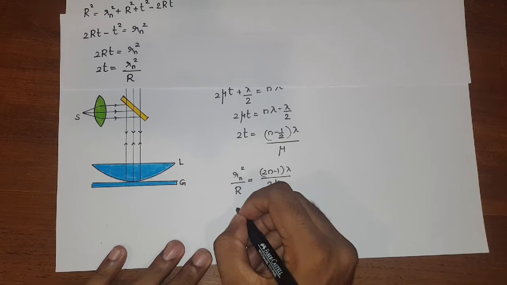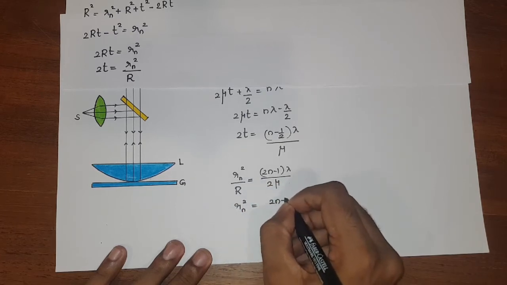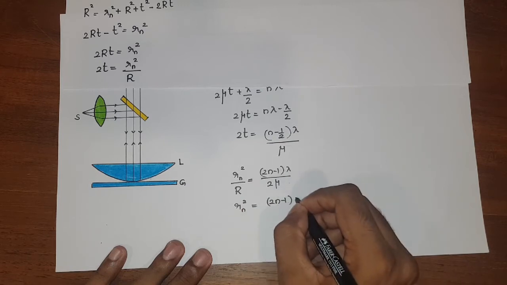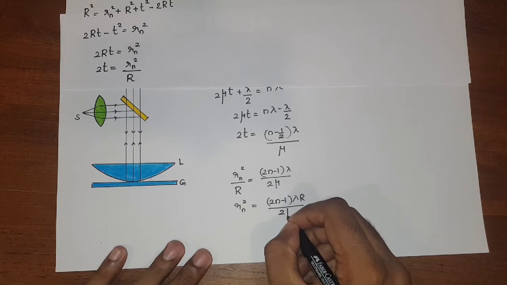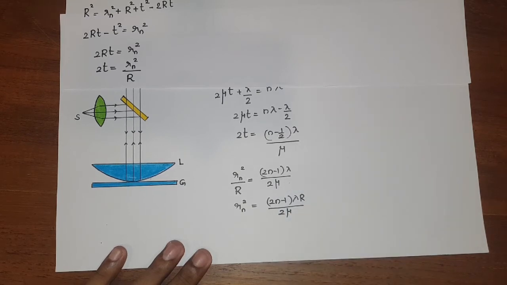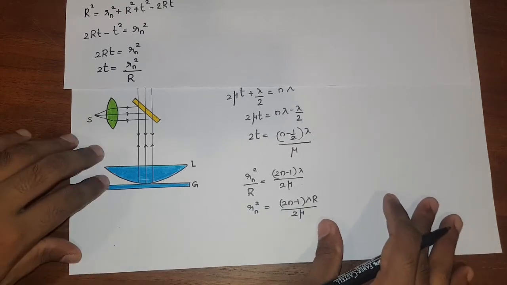And from this expression you can write the radius of the nth ring square is equal to (2n minus 1) into lambda R divided by 2 mu, and from this you can directly write the equation for the diameter as well.